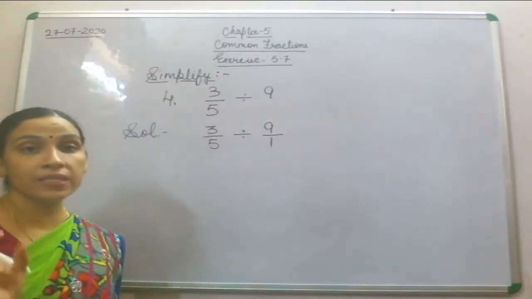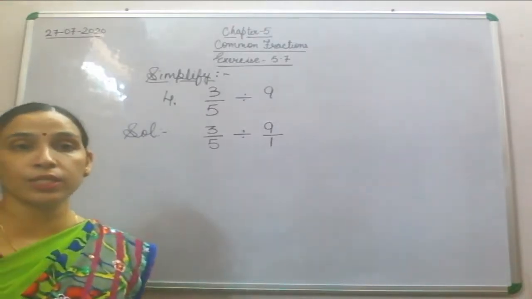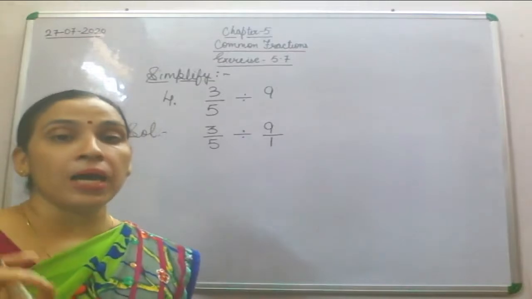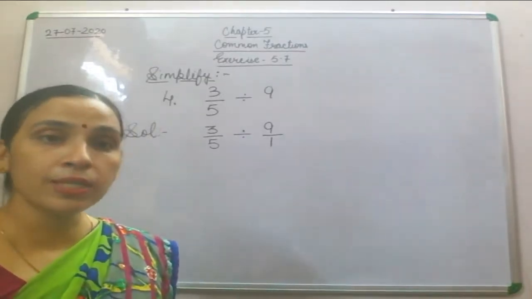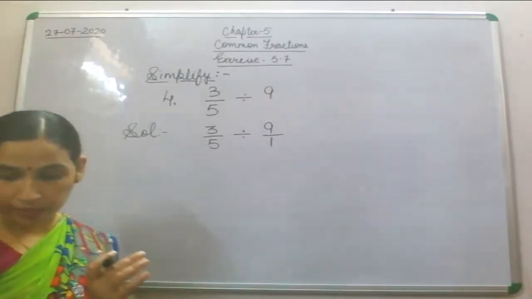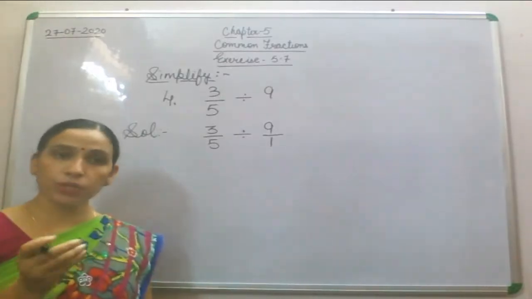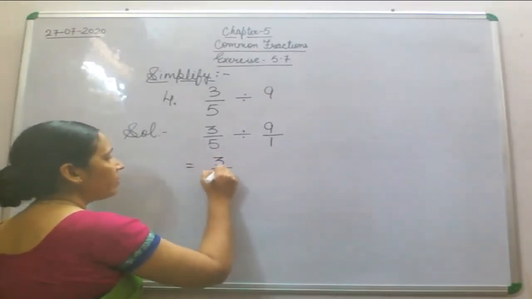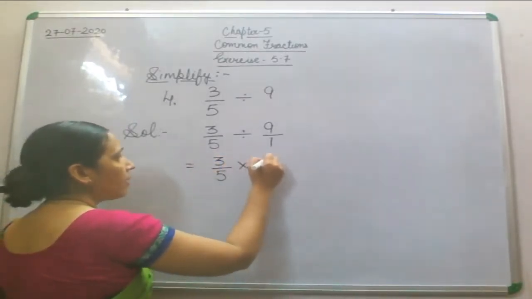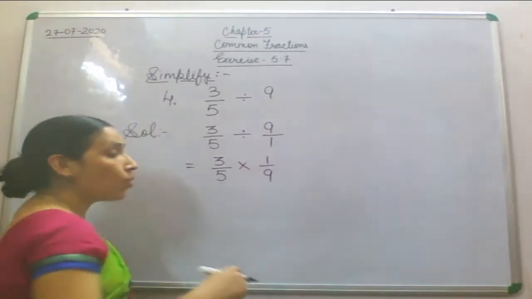Second step, that division symbol must be changed into multiplication. And why do we change it into multiplication? Because the opposite of division is multiplication. So next step, 3 by 5 multiplied by 1 by 9. Now what we have to do?